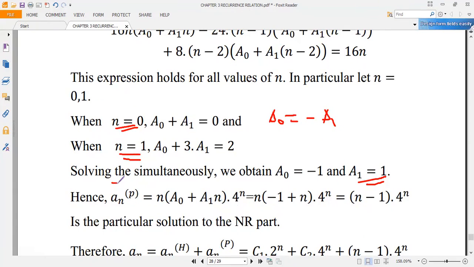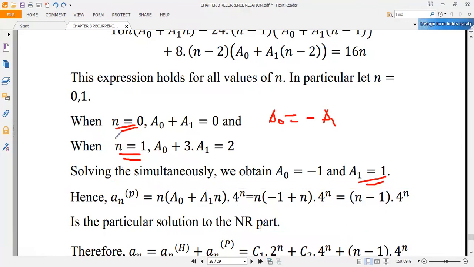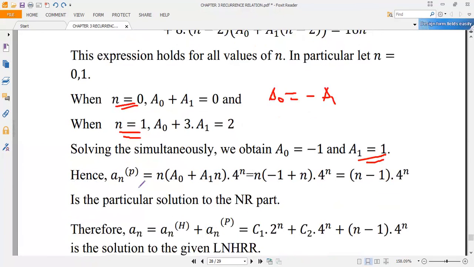Hence the particular solution to the non-homogeneous part becomes n times (a0 plus a1 n) times 4^n, which is n times (n minus 1) times 4^n.